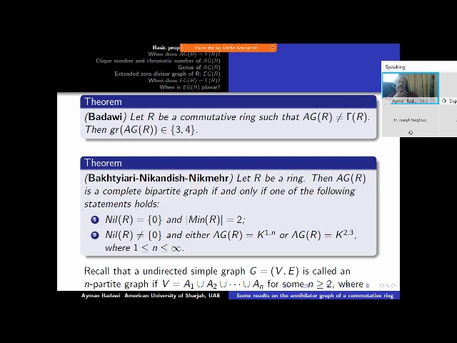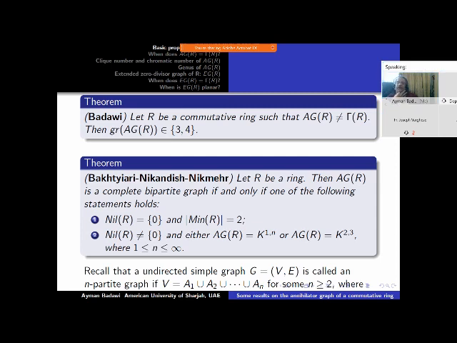That's kind of interesting. You read a theorem, but when you stop and think about it, it's really interesting that we get a complete answer for when the annihilator graph is complete bipartite. Then the ring has to be reduced, because what does nilradical of R being 0 mean?